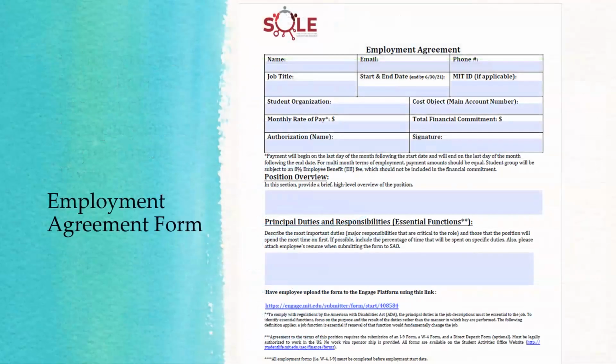And this one has similar information as the student employment form, but it's constituted slightly differently. So you'll need all of this information. I think the most important information, and the information that we use, is that you will only need to provide the name, email, and phone number of this person.